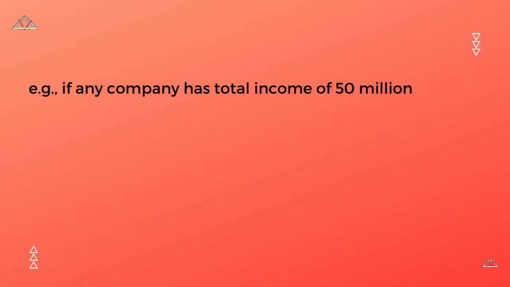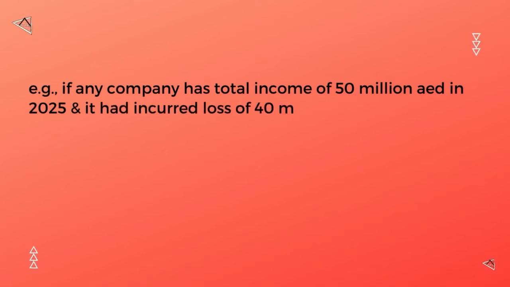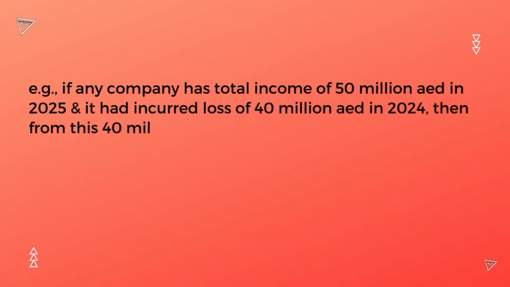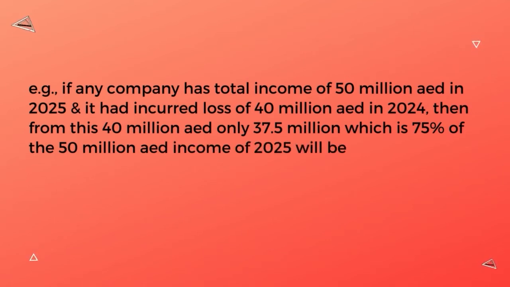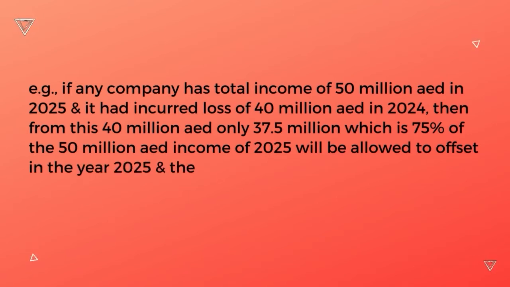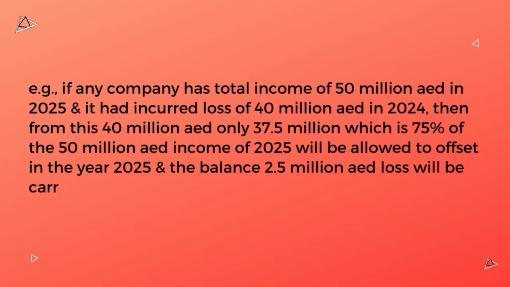Say a company has a total income of 50 million AED in 2025 and it had incurred a loss of 40 million AED in the year 2024. Of this loss of 40 million AED, only 37.5 million, that is 75% of the 50 million AED income of 2025, will be allowed to offset in the year 2025, and the balance loss of 2.5 million left from 2024 will be carried forward to future years.